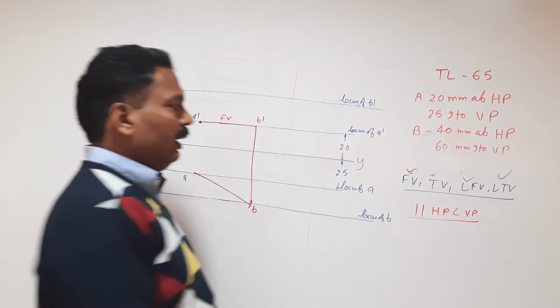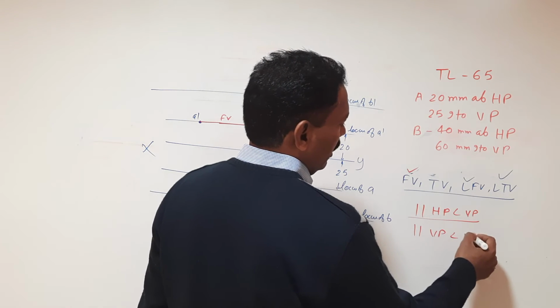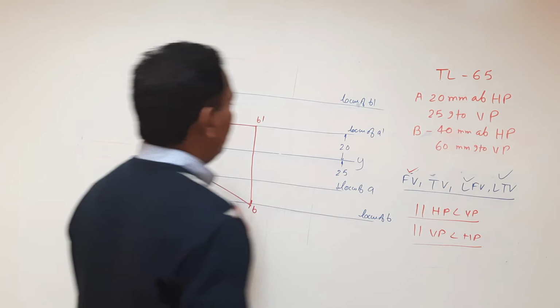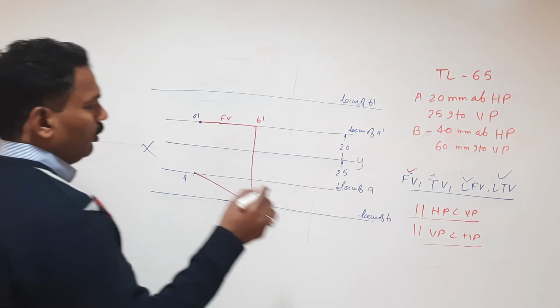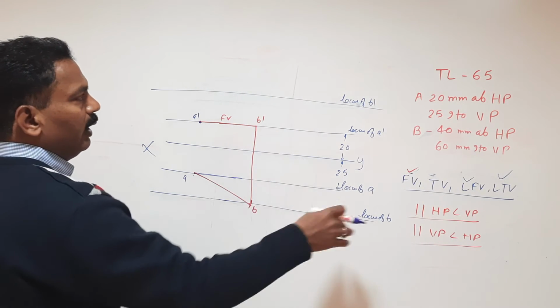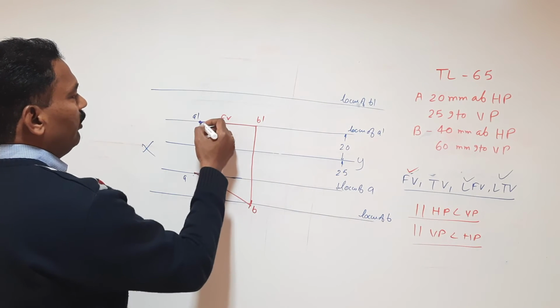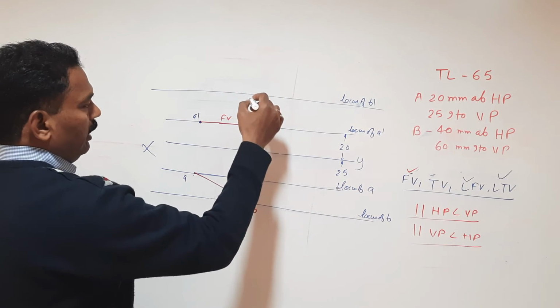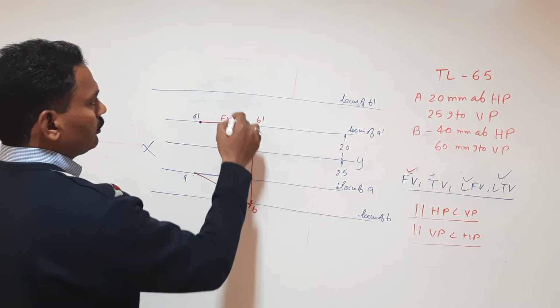Now in the second case we suppose that the line is parallel to VP and inclined to HP. When we suppose this position, we know that the top view will be parallel to xy, and in front view we can draw the true length. So take an arc of length 65, take A dash as center and cut the line.